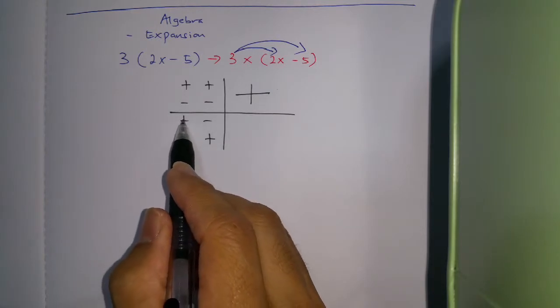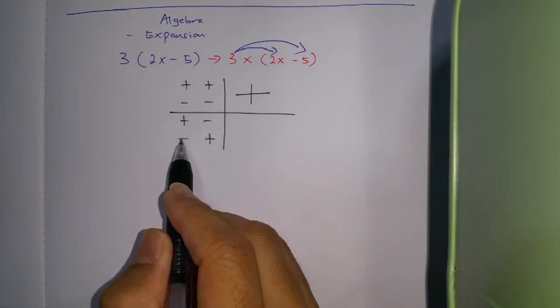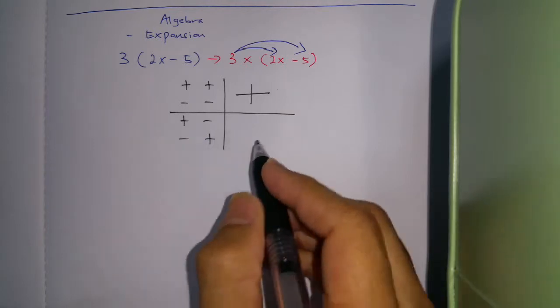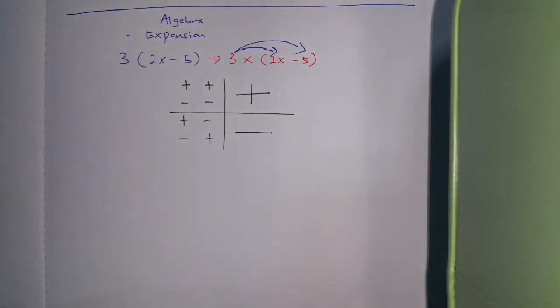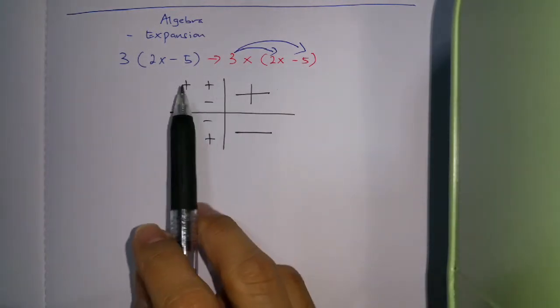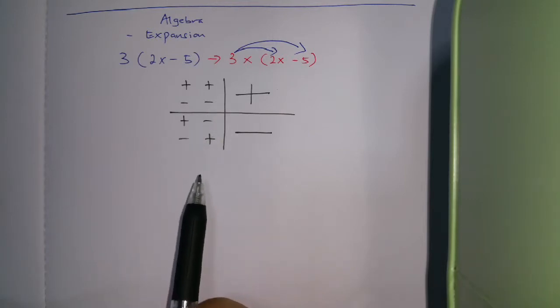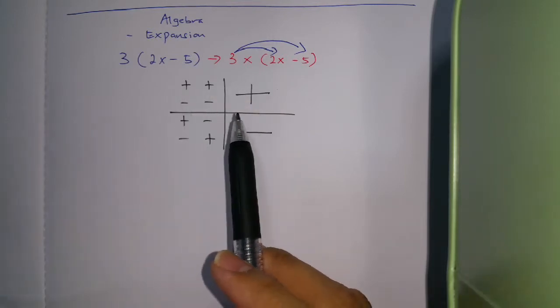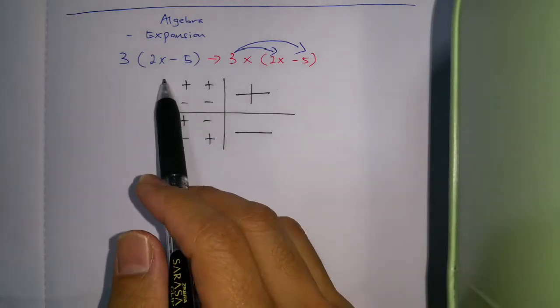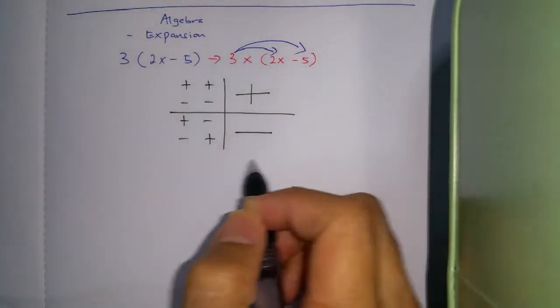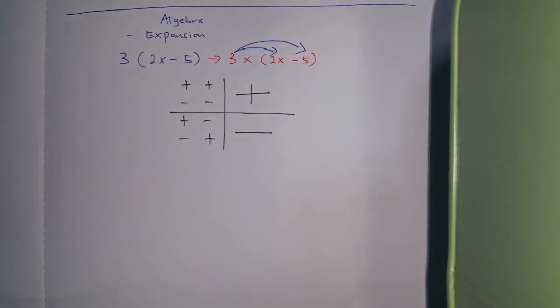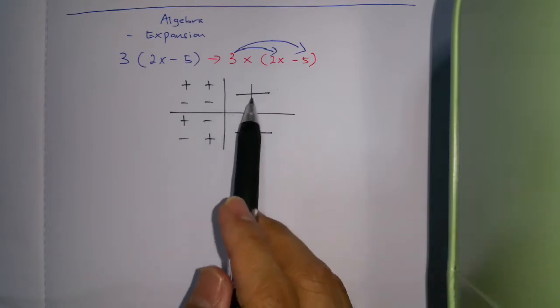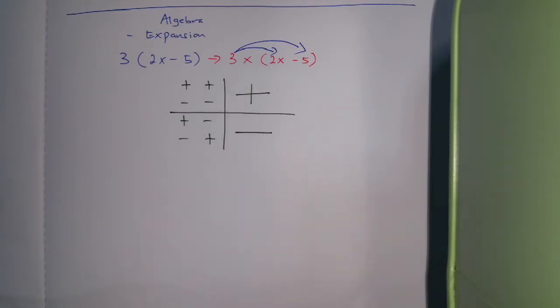If you have a plus multiplied by minus or minus multiplied by a plus, the resultant is a minus. So let us remember this figure. This is not a chart but a simple drawing that you can remember. We are going to need this to solve this.